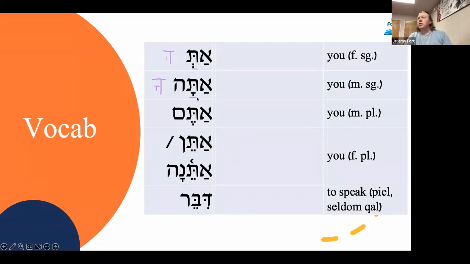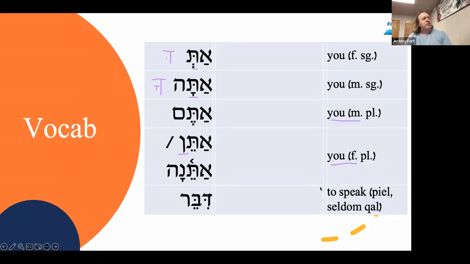So there are some similarities between them. Atem, that's if you're talking to y'all men. Aten, that's y'all feminine. They can also be atenah, but most of the time it's aten. Wow.